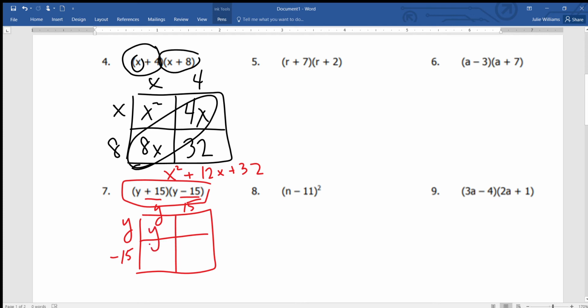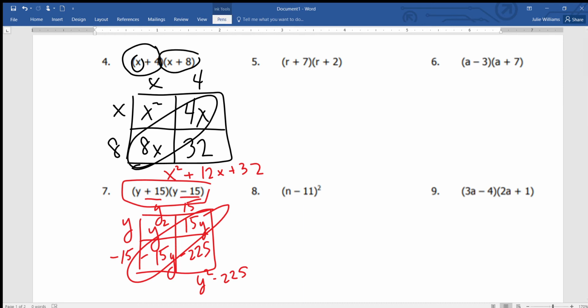So we have y squared, 15y, negative 15y, and then 15 times negative 15, I think it's negative 225. These are like terms, but what happens there? 15y minus 15y. Absolutely. So it's just y squared minus 225.